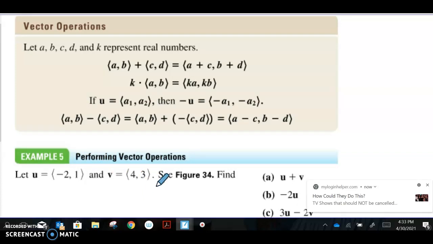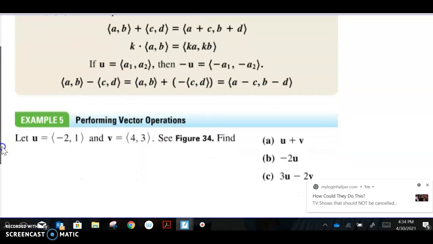When you add them, you just add the two first coordinates and the two second coordinates. When you multiply by a constant, you multiply times both. If I want the opposite vector, I take the opposite of both the x and the y. If I subtract, just be careful: a minus c and b minus d.